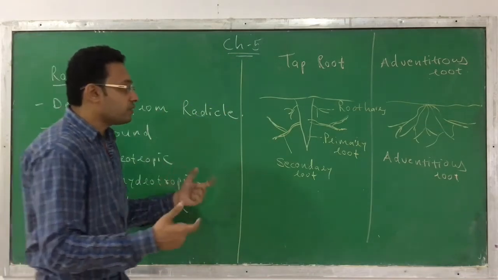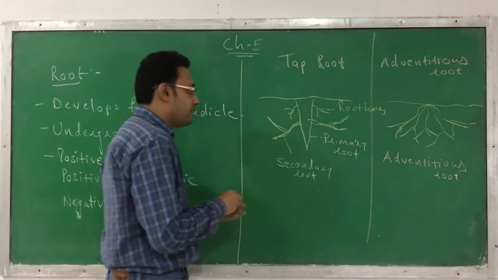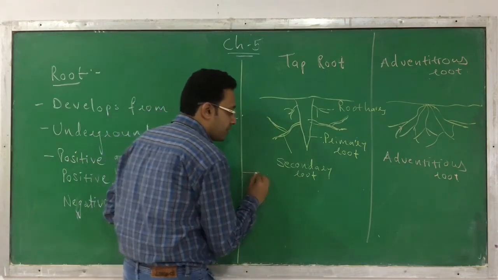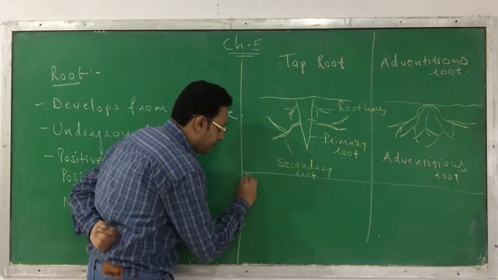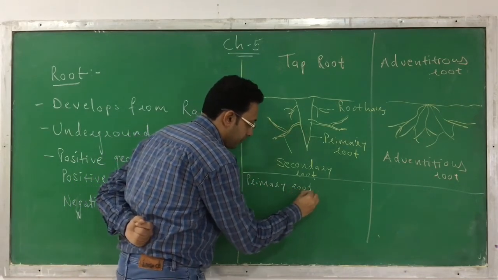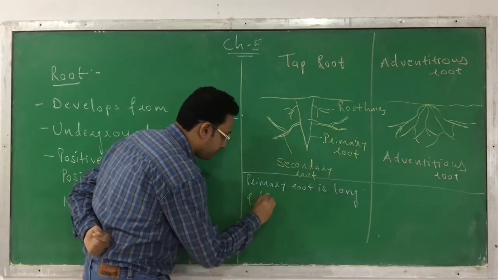Now, what is the difference between the taproot and the adventitious root? I will write down the differences. Here the primary root is long and stronger.